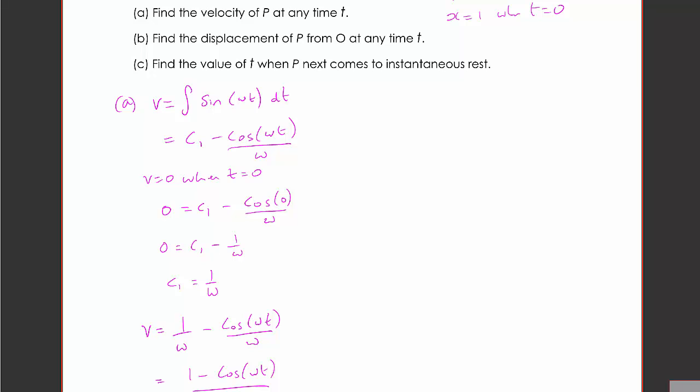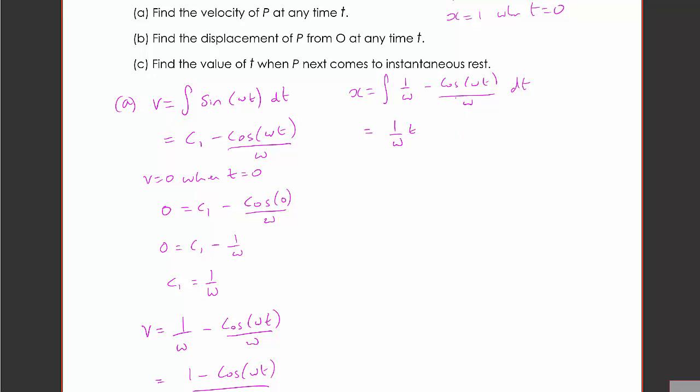So find the displacement at any time. So now we need to integrate v, and it's probably best to go from this one. So we've got 1 over ω, take away cos(ωt) over ω. Now 1 over ω is a constant, so we're going to get 1 over ω t.